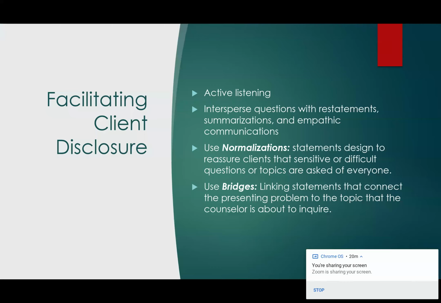So facilitating client disclosures, we want to make sure that we're actively listening, looking the patients in the eye, being present with them. I know that many folks do biopsychosocials on the computer when they're talking to somebody. I've seen that done really well, and a lot of the time I've seen that done really poorly. Typically when I'm doing an assessment, if it's somebody who's been there before, I'll ask if they mind if I type while I conduct the assessment.